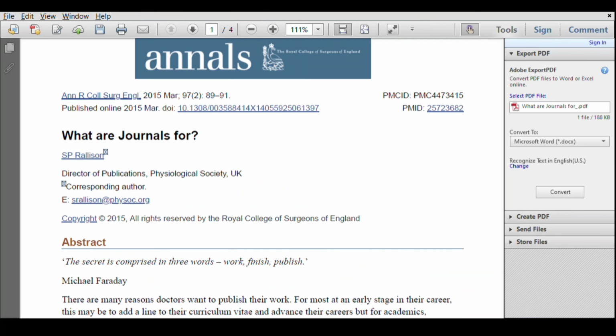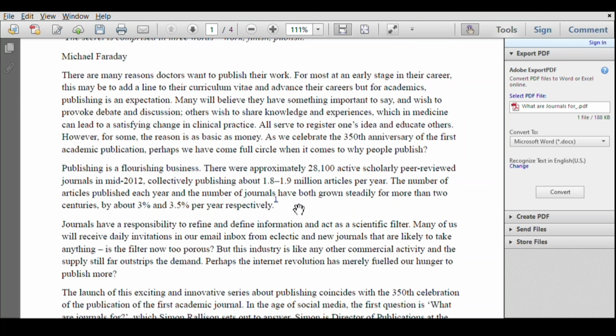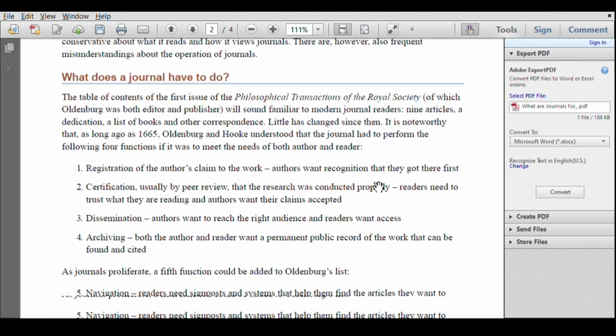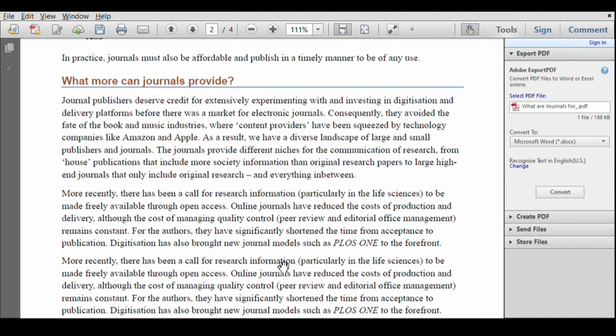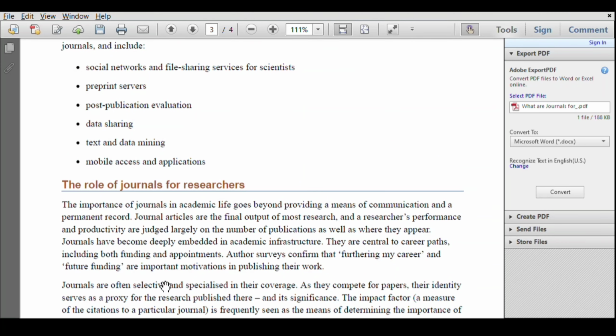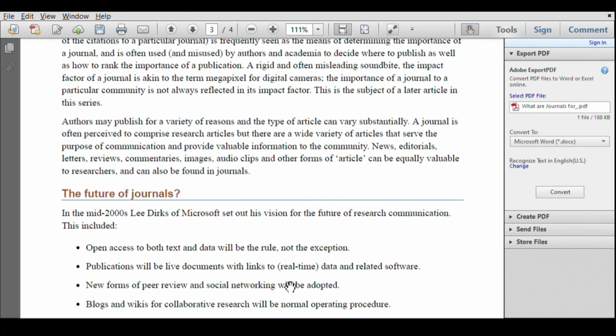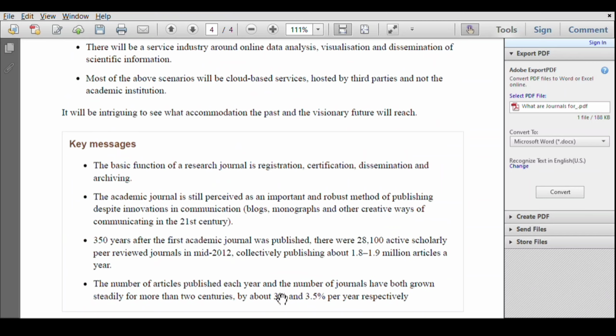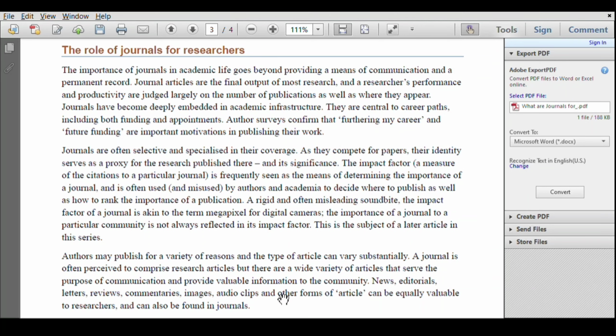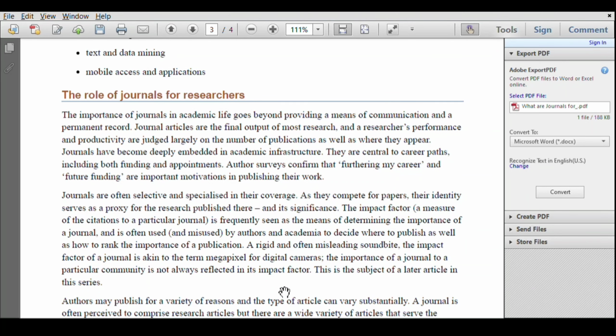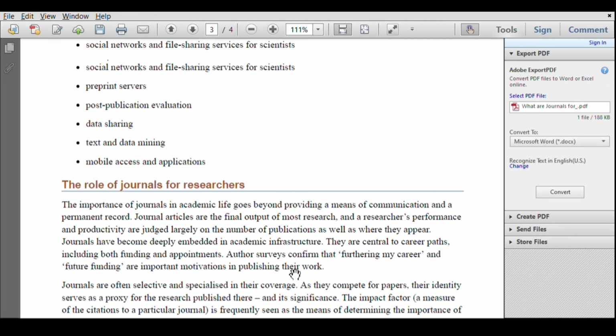In here, what are journals for, what do journals have to do, what more can journals provide, the role of journals for researchers, the future of journals. Restate the key terms in your own words.